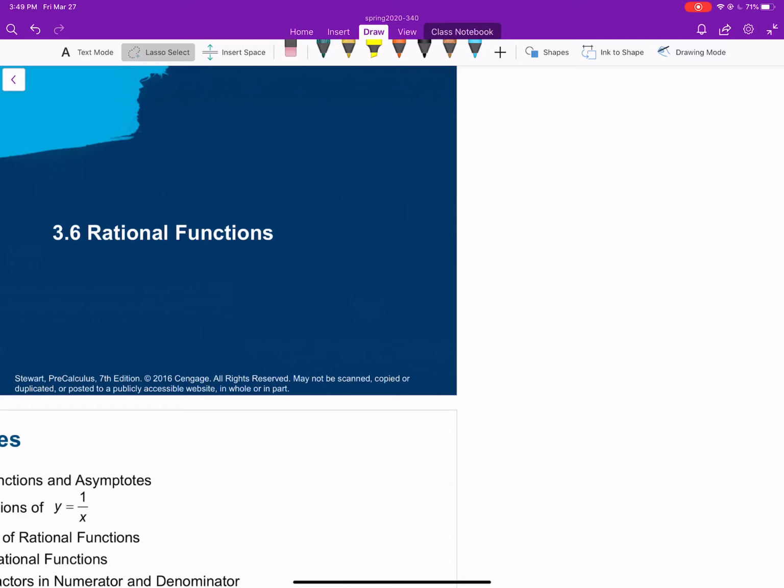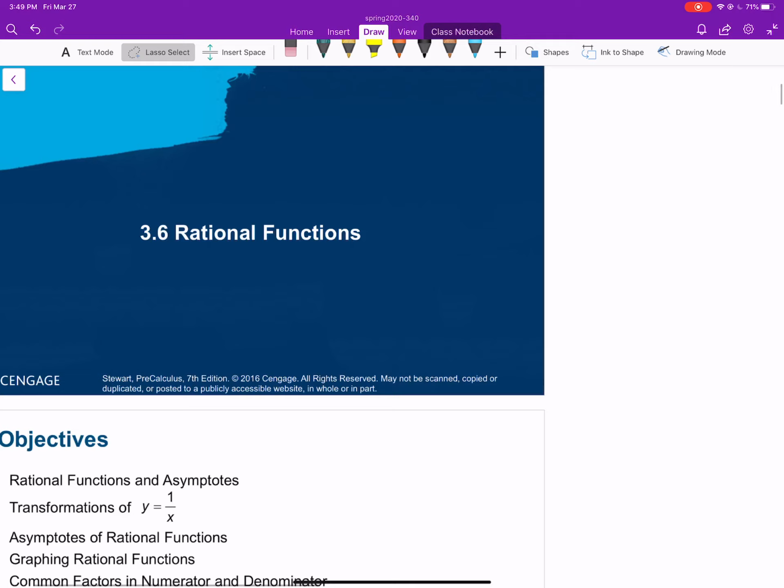Today's topic is rational functions, and the question is, do you know what a rational function is? If you cast your mind back, we looked at what a rational number is. Way back in 320, when we were dealing with the real number line system, we discovered that a rational number is a number that can be written in the form P over Q, or as a ratio.